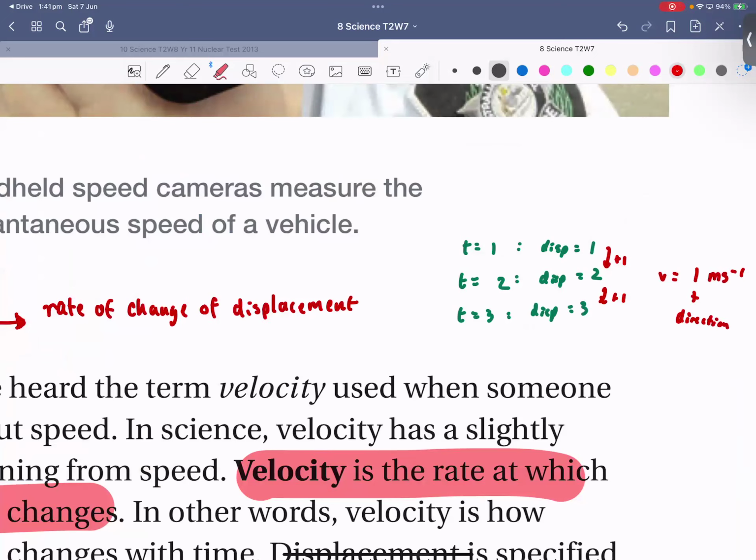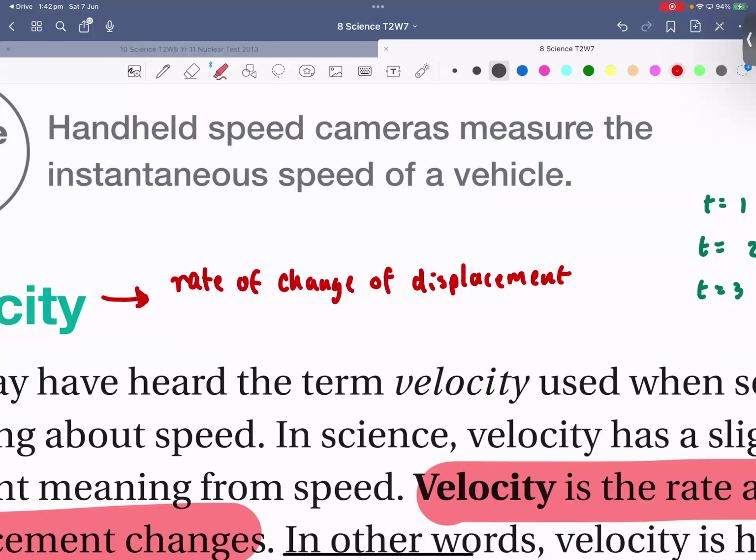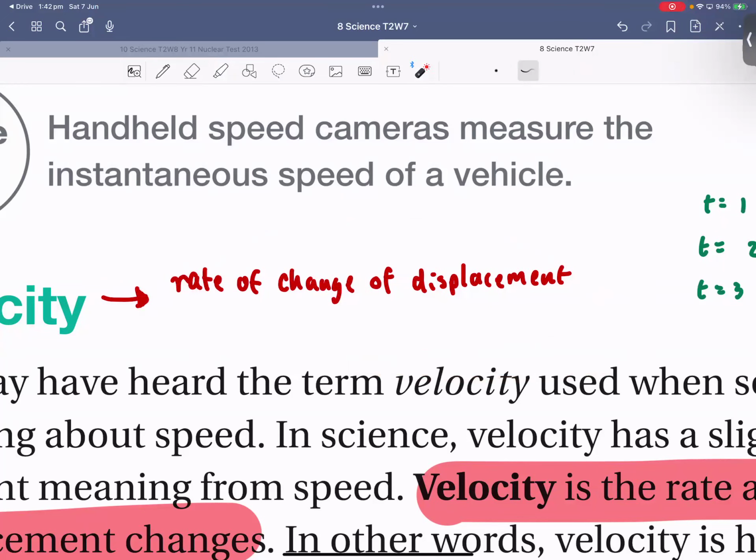Guys, very important actually. If I want to write velocity mathematically, how do I do it? Hint is this. Anyone know? I want to write velocity using math symbols.